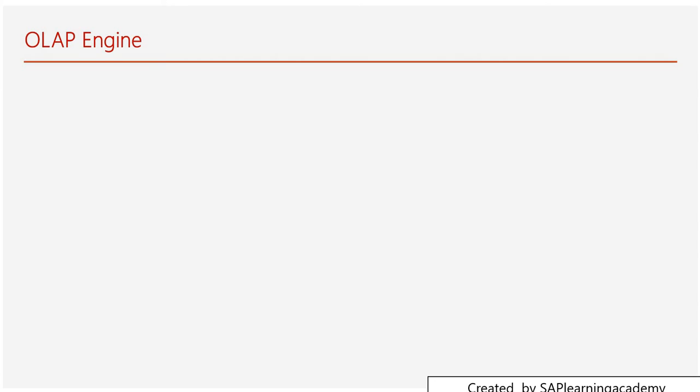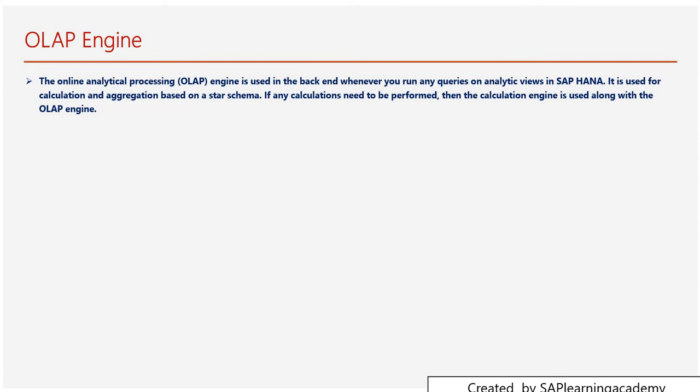Now I will be going into the next engine type, that is the OLAP engine. This online analytic processing engine is used in the backend at runtime whenever you run any queries on analytic views in SAP HANA. It is used for calculation and aggregation based on star schema. But if any calculation needs to be performed, then this engine uses the calculation engine. That's a very important part to understand.